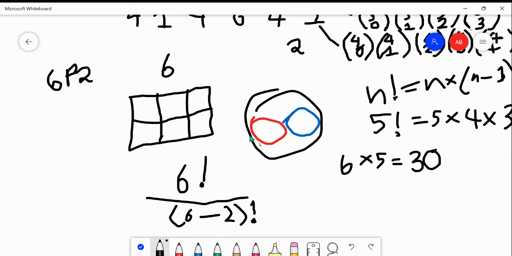What are we double counting? Because in this case the order doesn't matter. When strawberry and blueberry go in, you are counting strawberry bottom, blueberry top, and blueberry bottom, strawberry top as 2 different things. But in this case they are not.